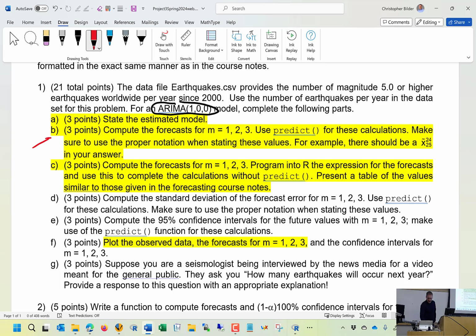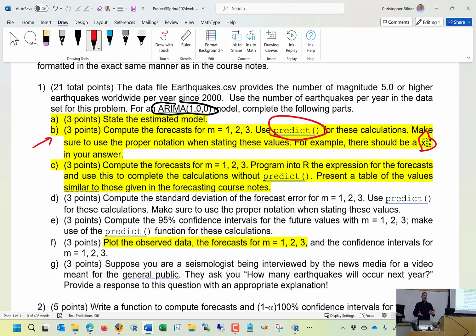But part B says, okay, now let's compute the forecasts for the first 3 time points into the future. Compute it using the predict function. Okay, so you estimate the model in A. Now you do the forecast using predict in part B. Just so that you get used to the notation, please make sure that you do state the correct notation with these forecasts.